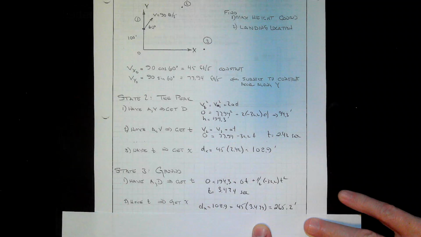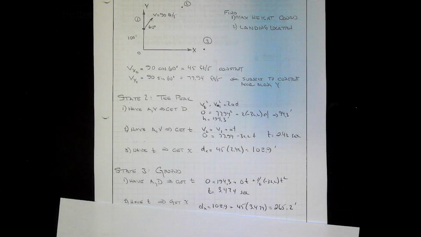If we take the sine, we get the velocity in y, which works out to be 78 feet per second. This will be subject to constant acceleration along y. Hopefully this is not at all mysterious, and when we gave the problem, it was not mysterious to anybody on the exam. Getting this far was not a problem.